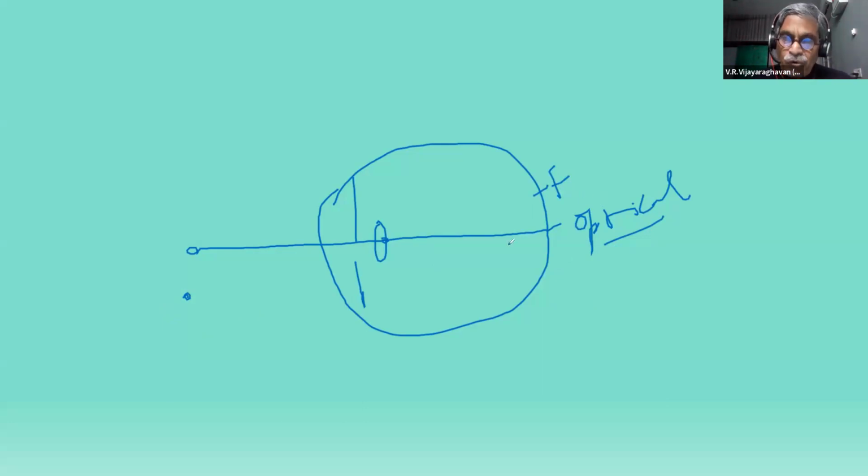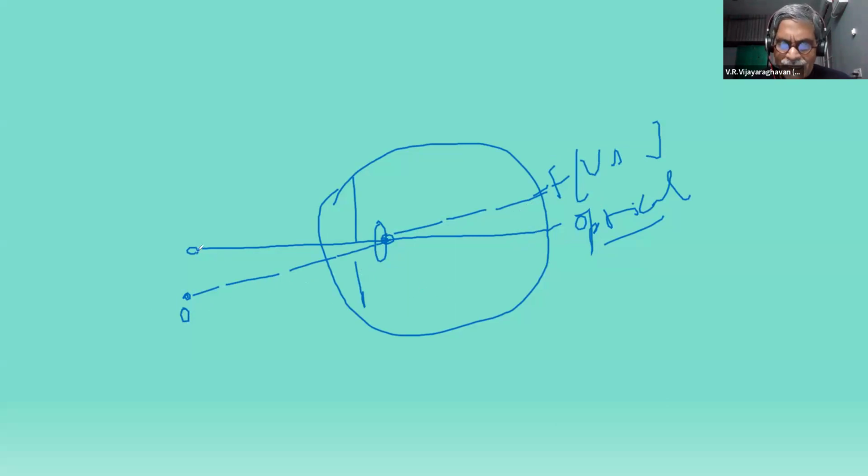From the object, a ray passes through the nodal point to the fovea. That is called the visual axis: the line connecting the object, passing through the nodal point and touching your fovea.